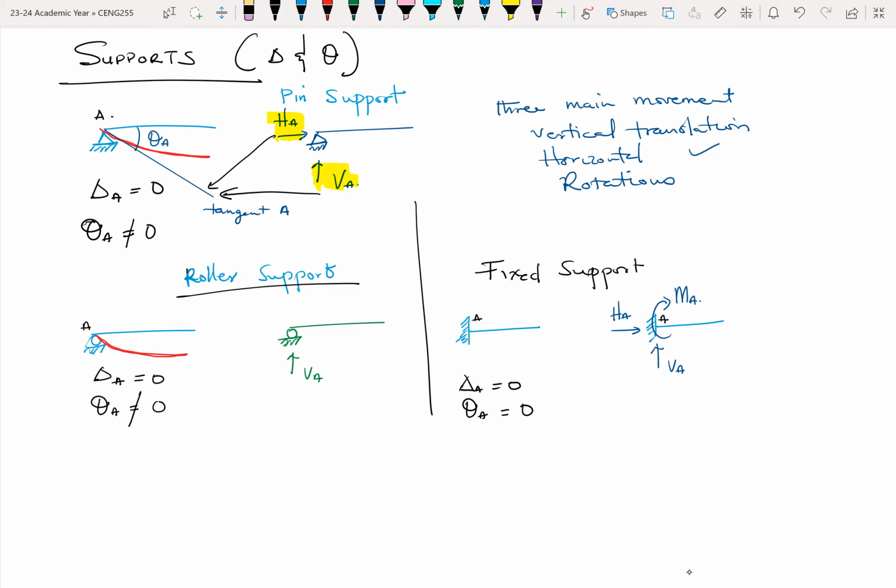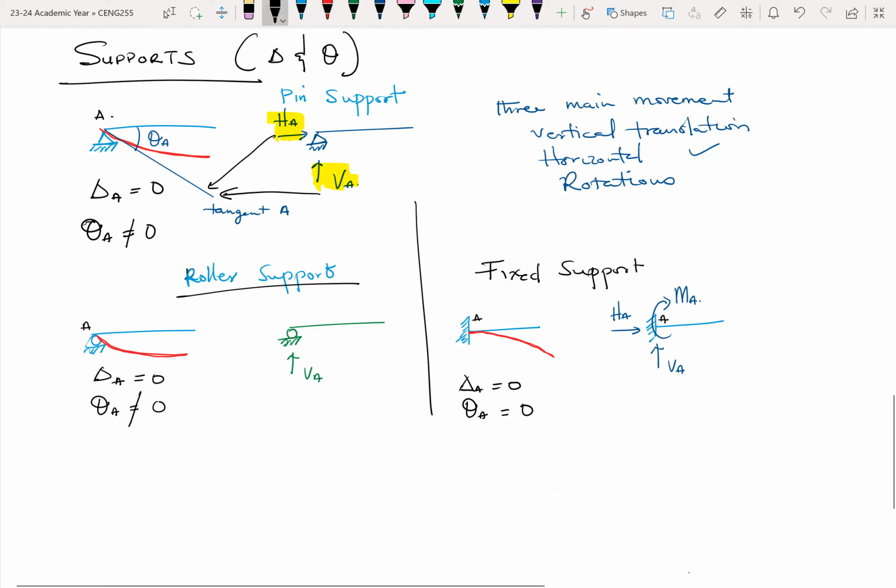By implication, it is preventing any form of rotation. Normally this is how you would draw it: from A, it maintains a straight line for some distance before the bending occurs, because at A, there's no rotation.